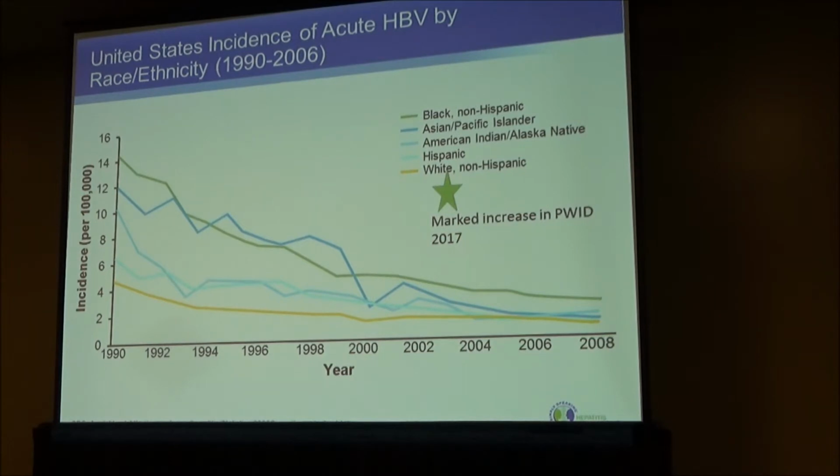Now, what's happened in 2017, the slide only goes up to 2008, so it looks very, very cheerful. We have an outbreak of IV drug use in the United States. It has to do with changes in regulation with narcotic access and how cheap narcotics are, like heroin or synthetic things that are coming in from China. Very, very cheap. If you want to be an OxyContin addict, it's $100 to $150 a day to maintain, if you can even find the drug anywhere.